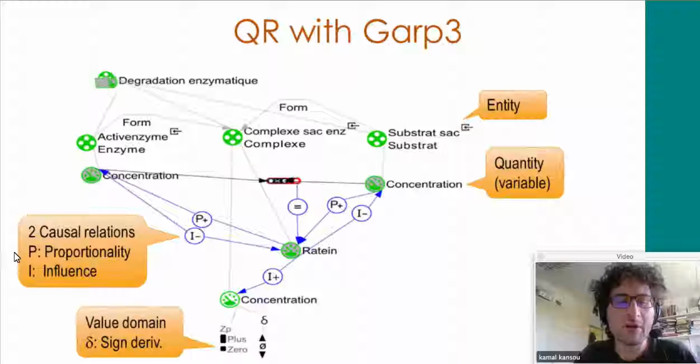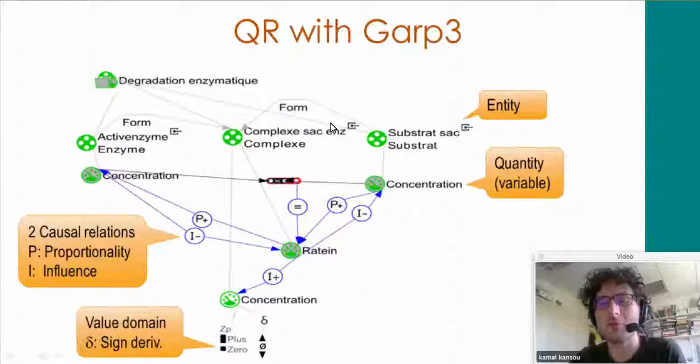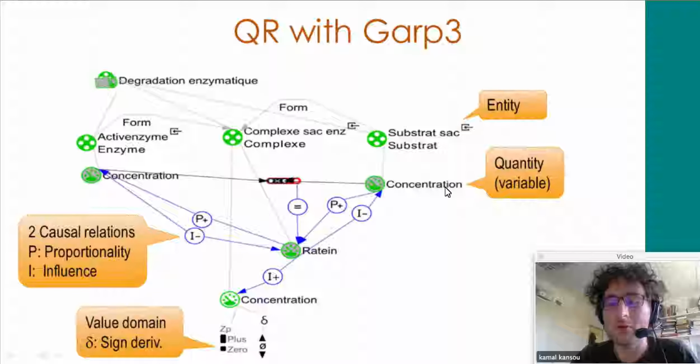These entities are linked together with a conceptual relation like form. Here you can see it with this relation, and in most cases, entities are assigned a quantity, which is basically a property of this entity. For example, here concentration of substrate is a quantity about substrate. A quantity is assigned a value domain that you can see here.